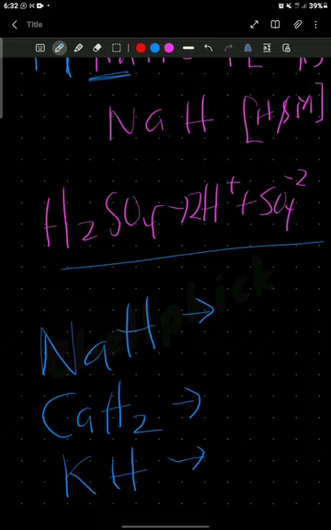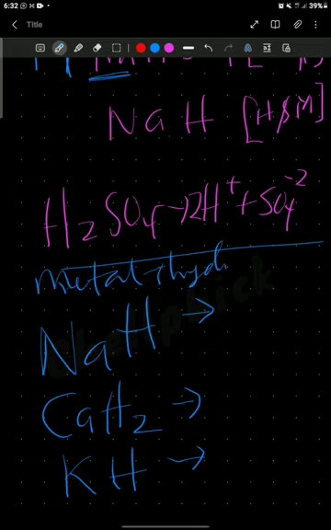I repeat, hydrogen dare not behave like a metal in front of a metal in a close relationship. This type of reaction is called metallic hydride. It means metal plus hydrogen gives metallic hydride. In this type of reaction, hydrogen will surrender its power and behave like a non-metal.